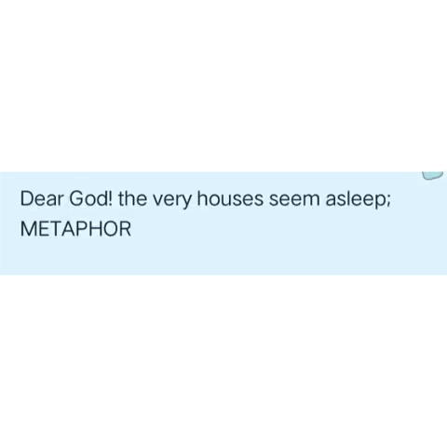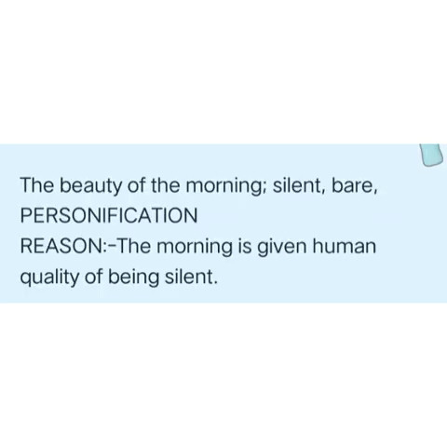"Dear God, the very houses seem asleep" is an example of metaphor. "The beauty of the morning, silent, bare" is an example of personification because the morning is given the human quality of being silent.